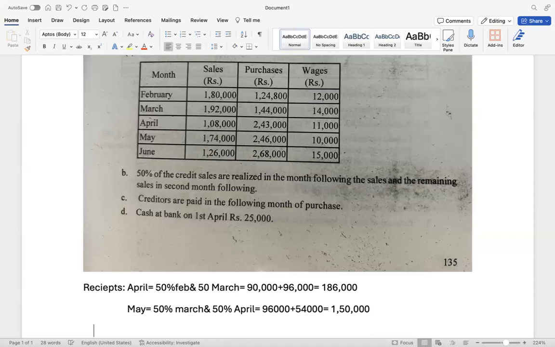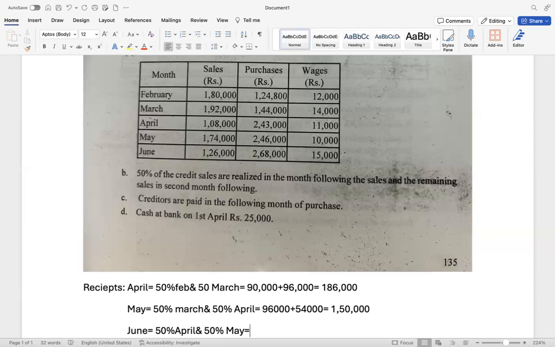Okay. Similarly, we'll calculate for the month of June. Same thing, 50% of April and 50% of May.